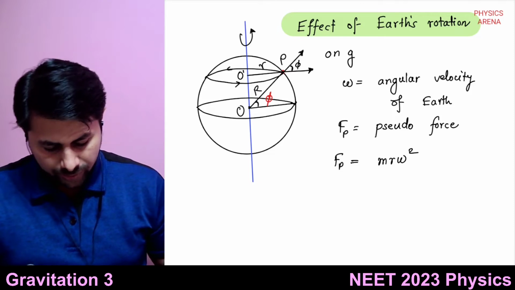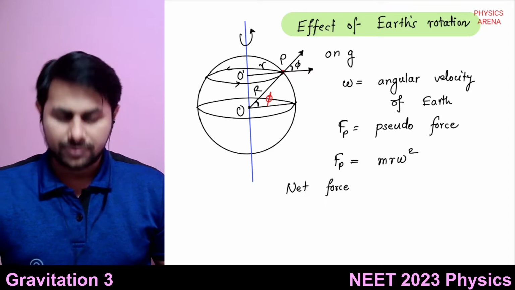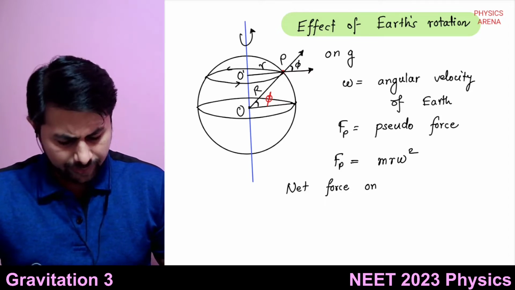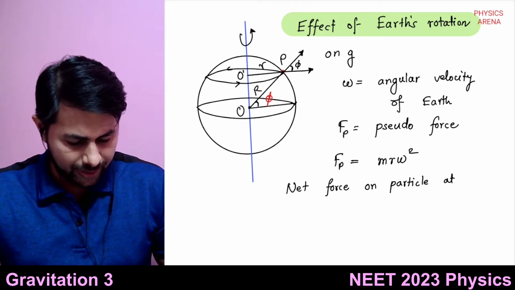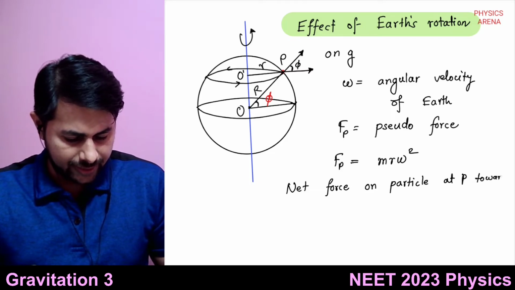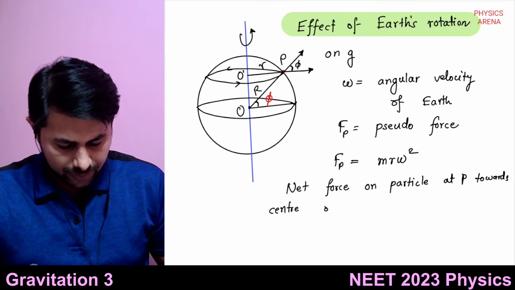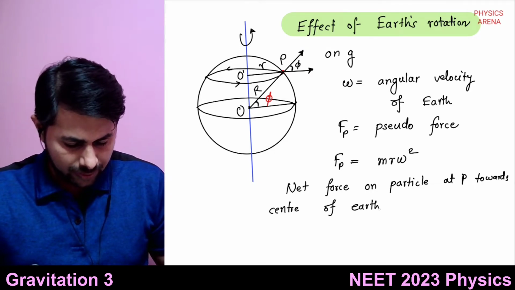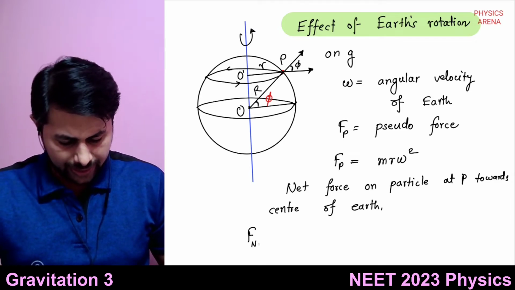Now how much would be the net force on the particle or person at P towards the center of Earth? Let's call it F net.